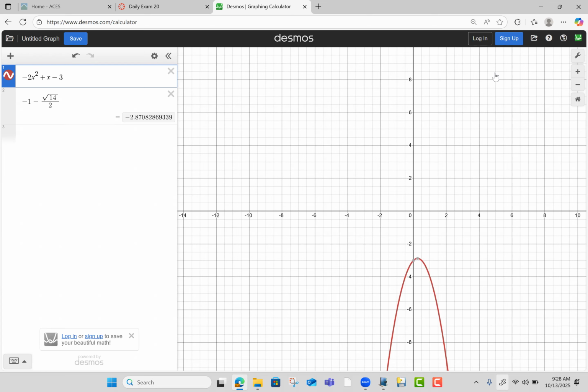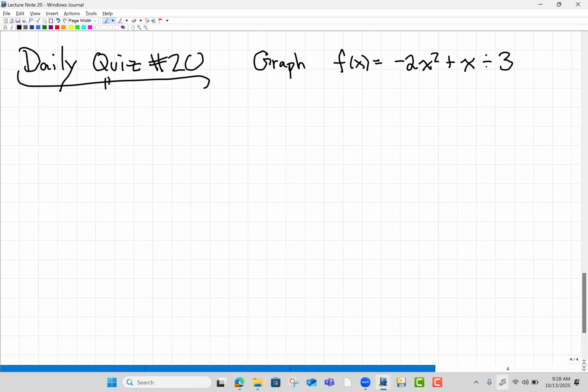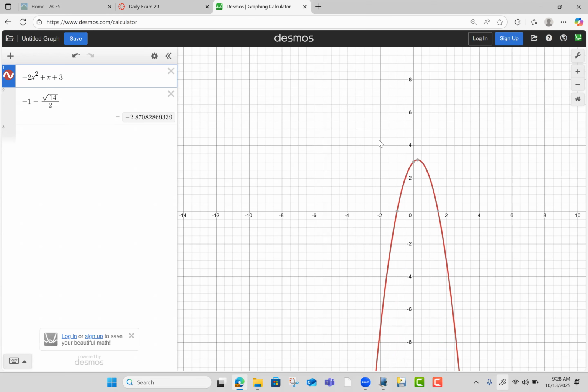Yeah, that one doesn't have x-intercept, so I want to make sure it does. Let me try a +3. Yeah, we'll do that one then. Just change this to a positive. Yeah, there we go. And I'll take a snapshot.